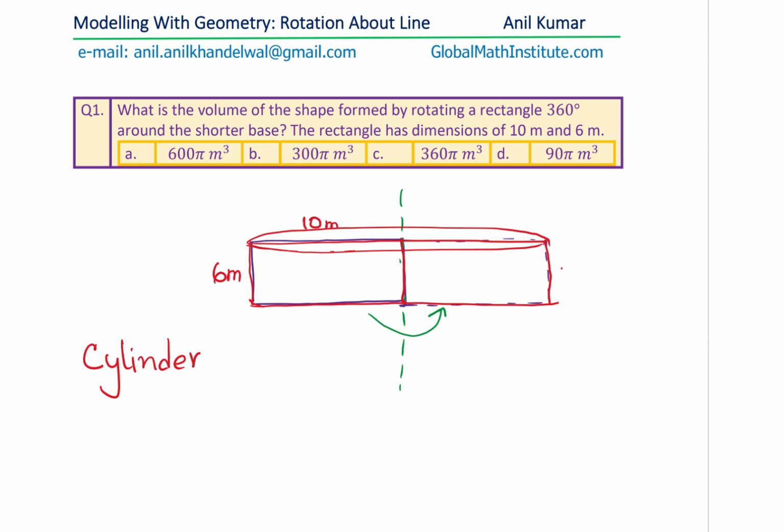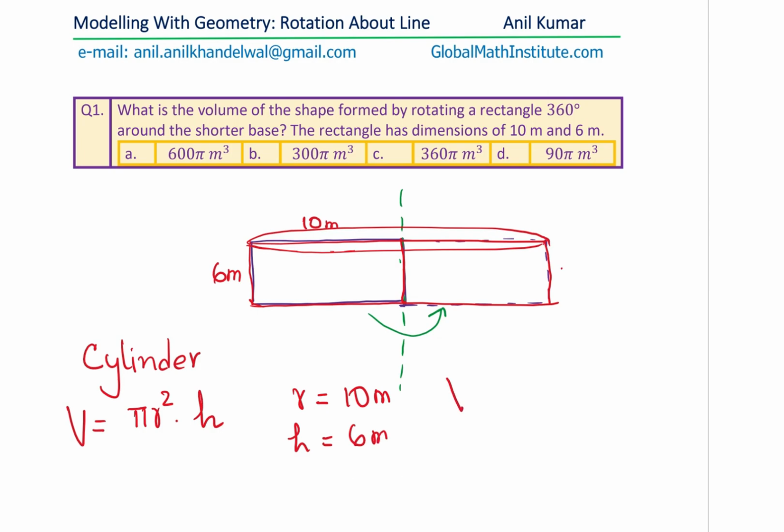So we know that the cylinder volume is pi r square h: area of the base, which is pi r square, and the height h. In our case, we know that the radius is going to be 10 meters and the height is going to be 6 meters.